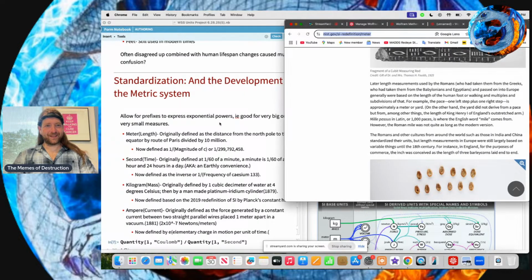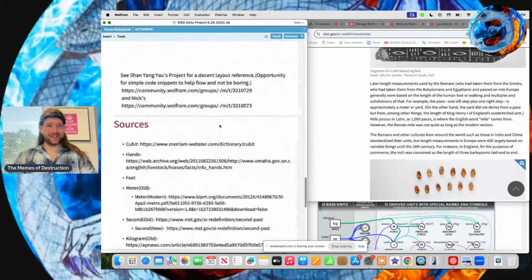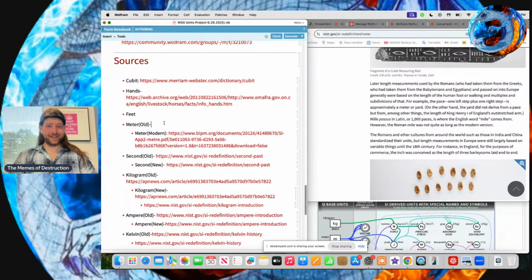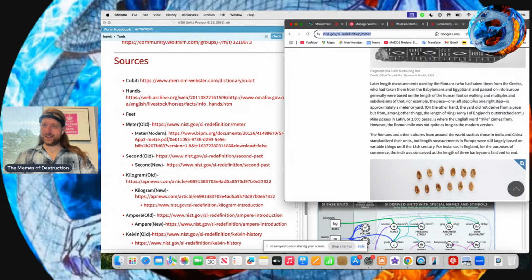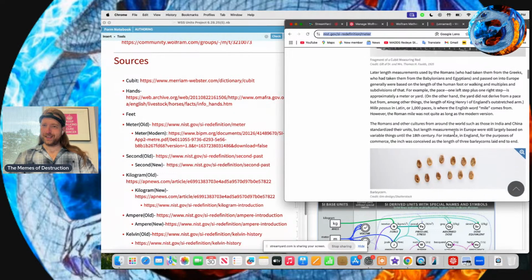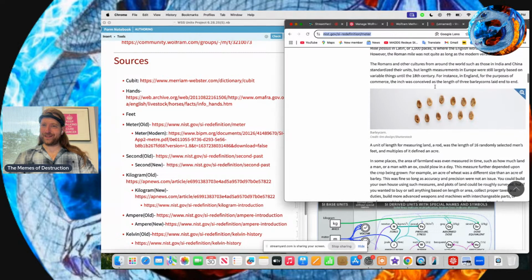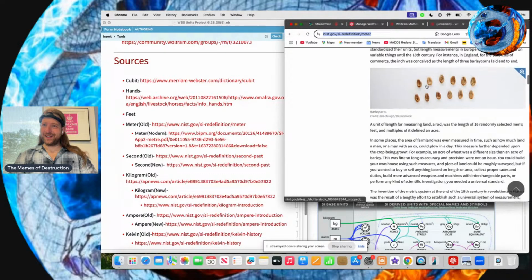Okay, so let's add this over here to our sources: cubit, stands, meters, and pass them to Europe, length of human foot, multiple, blah, blah, blah. Human units were standardized to make measurements largely based on variable things.